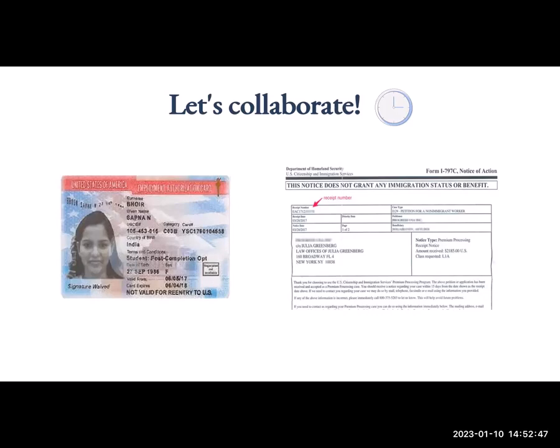And if they get selected and their H-1B is approved, they cannot begin on H-1B status until October 1st. So what do you do between June and October 1st?